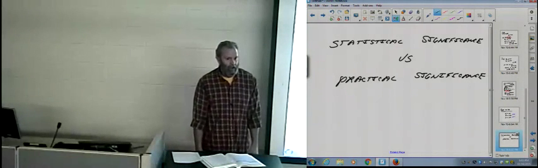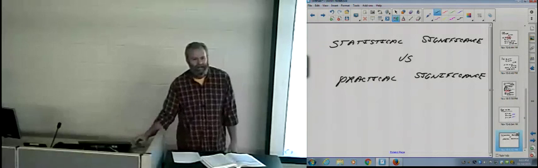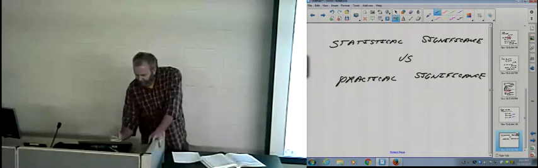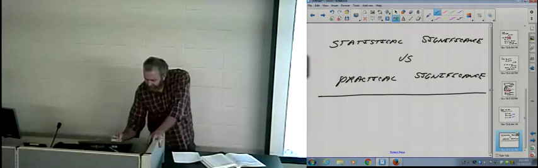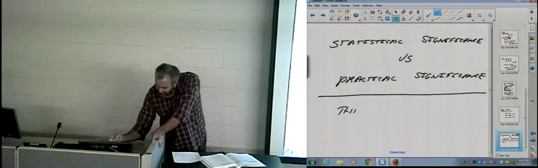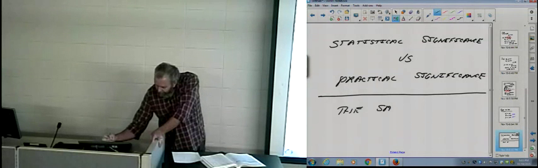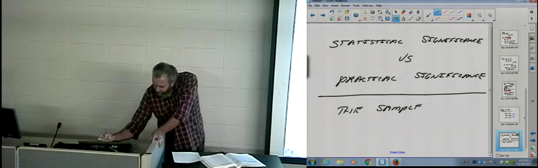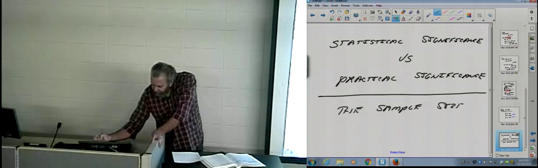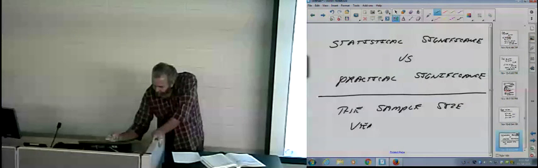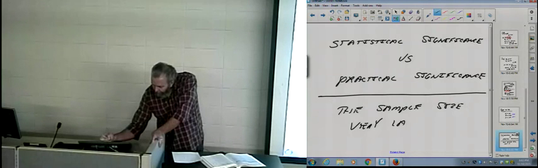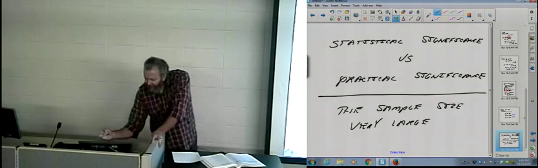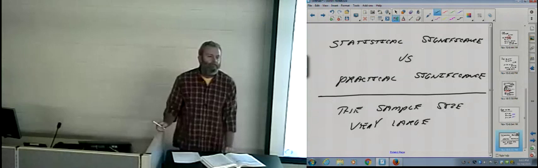Okay? Now, when to pay attention to this? This becomes an issue when the sample size is very large. I mean like 10,000, 20,000.